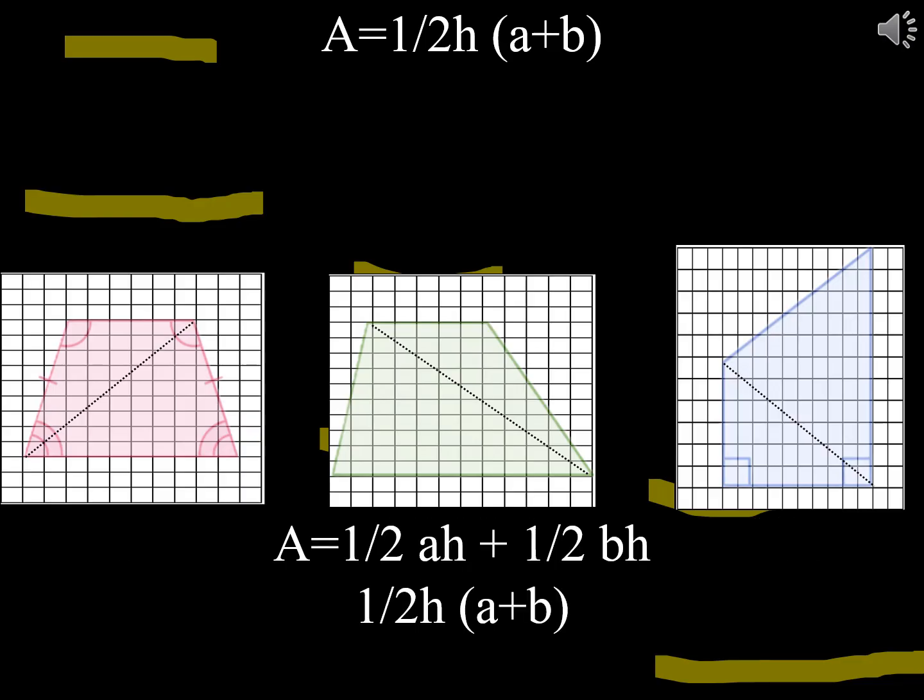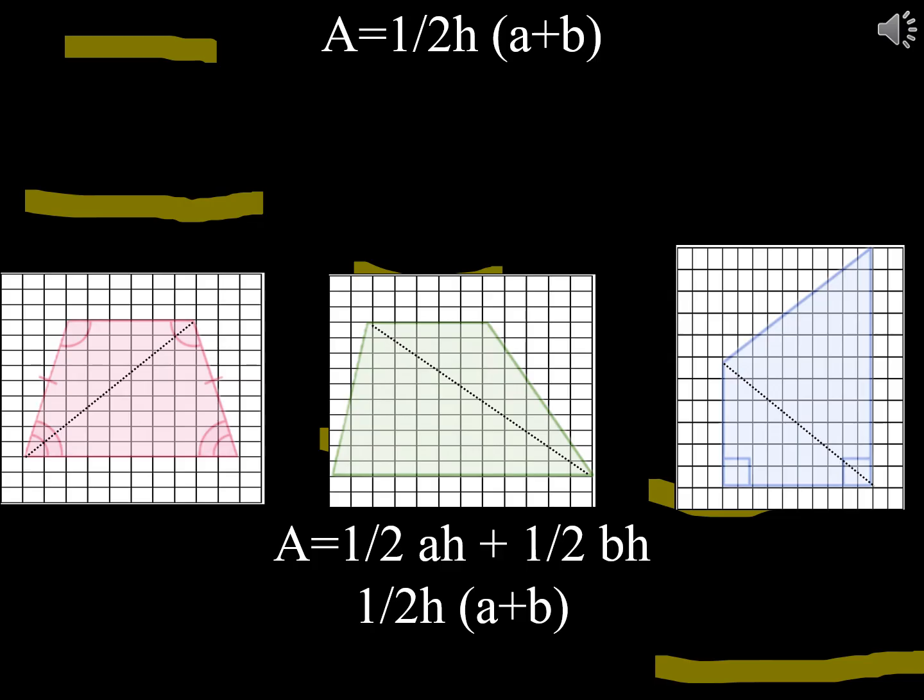This formula works because if we split the trapezoid into two triangles by drawing a diagonal line, triangle 1 has a base of line a and a height of h, which equals 1/2 of a times h.